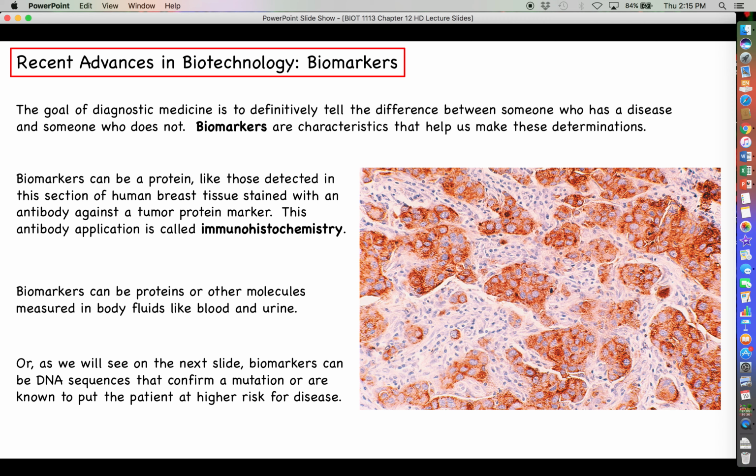Or, as we're going to see on the next slide, biomarkers can be actual DNA sequences. We've already seen, and we're going to continue to see, that certain diseases are characterized by genetic mutations. So by doing genetic screens, we can determine who has those mutations and who does not. And ultimately, in that case, the DNA sequence itself becomes a biomarker.